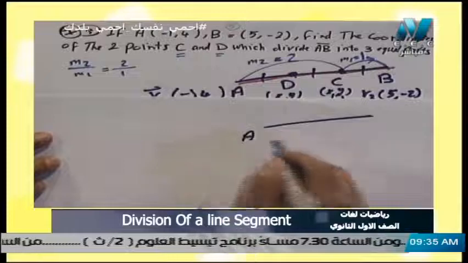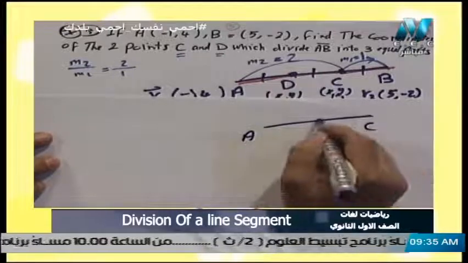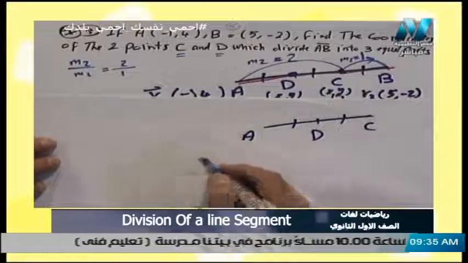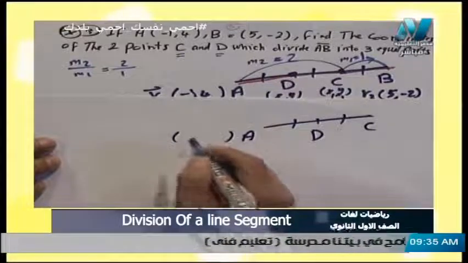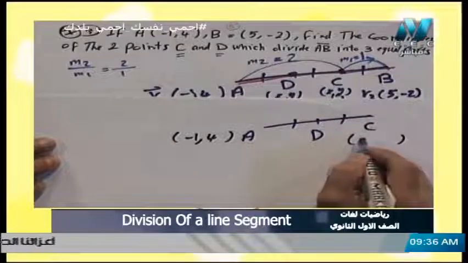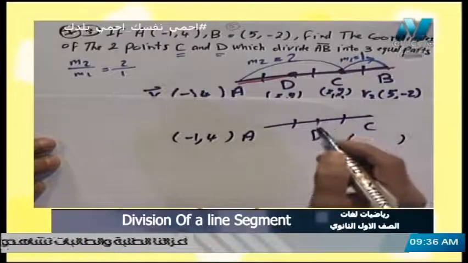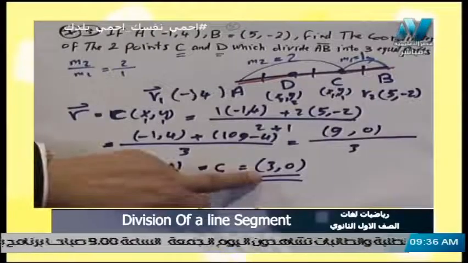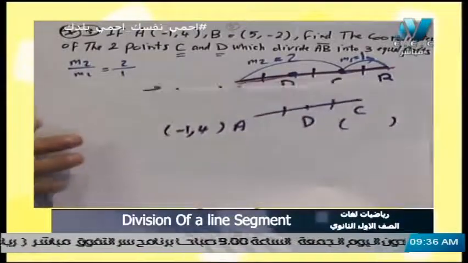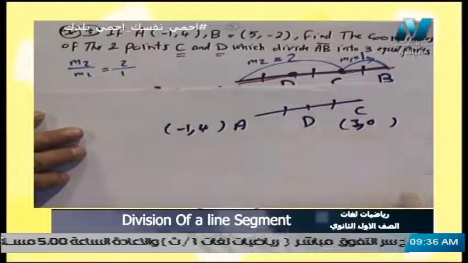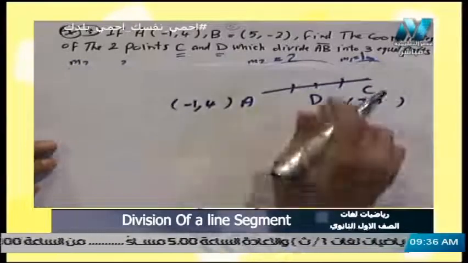We have A, we have C, we have in the middle D. So D in the middle. A will be negative 1 and 4 as it is. C will be what? Will be 3 and 0. So C is 3 and 0. And we have D is a midpoint.